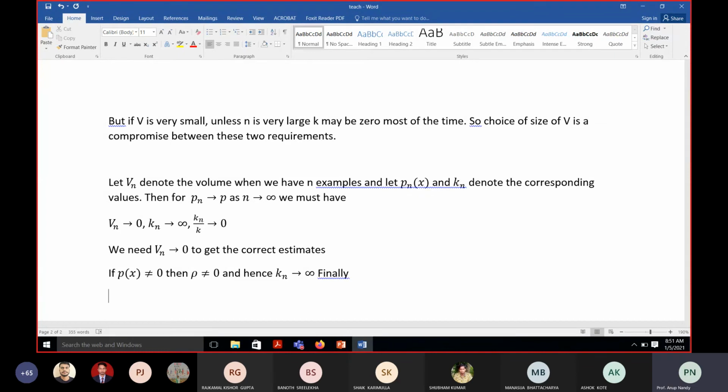Now we have only some finite data, and we need to choose V based on that.